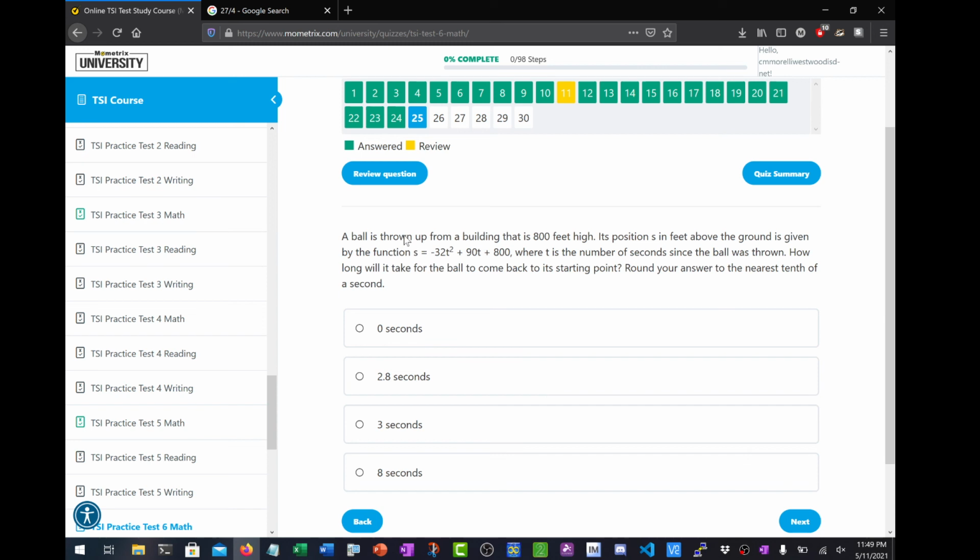A ball is thrown up from a building that's 800 feet high.